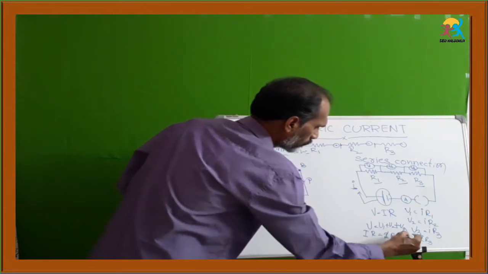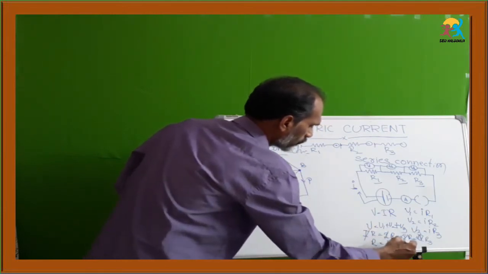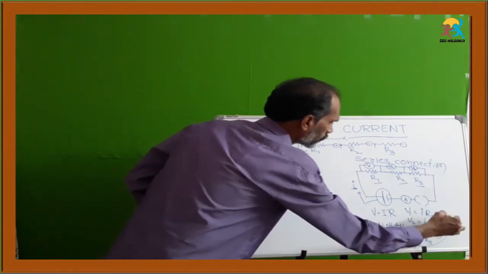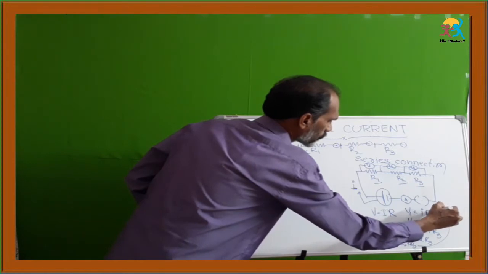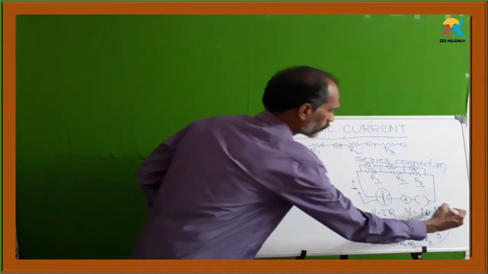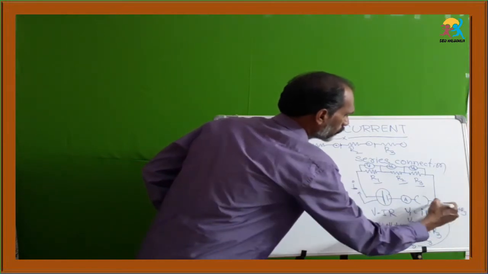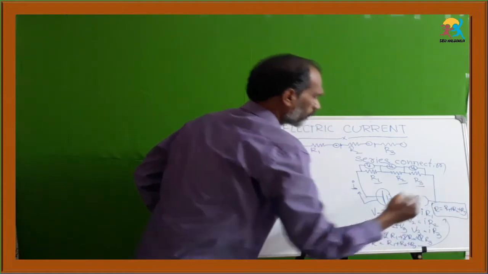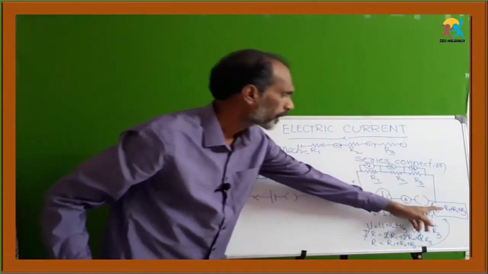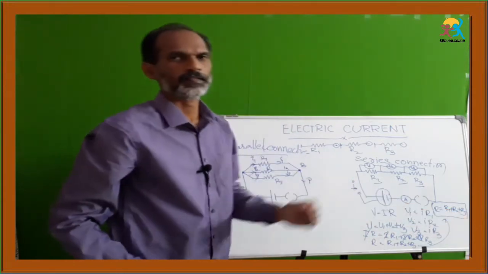Here I is common, so it gets cancelled, and R equals R1 plus R2 plus R3. The equivalent resistance in the circuit is R equals R1 plus R2 plus R3. It means the equivalent resistance in the series connection is the sum of the individual resistances.